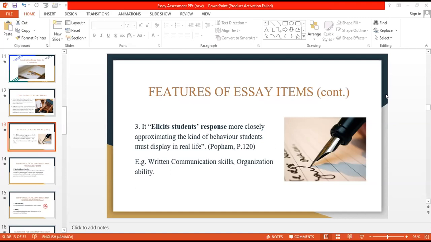But the essay, the short answer and the presentations that we do are all forms of assessment that help us to develop those real-life authentic skills. All right, moving on.